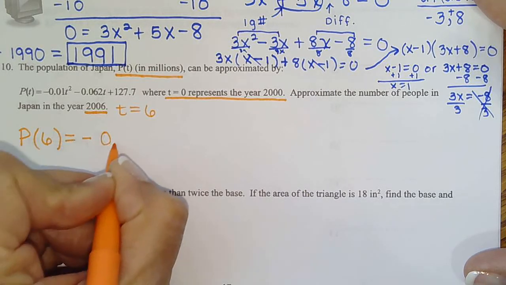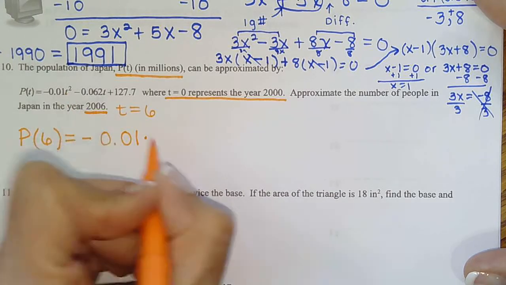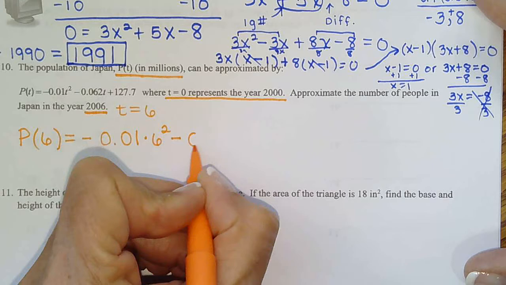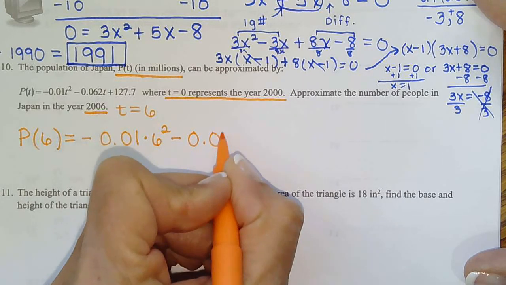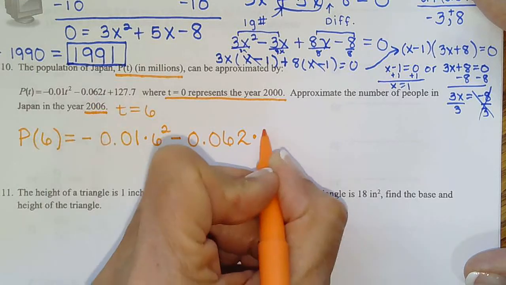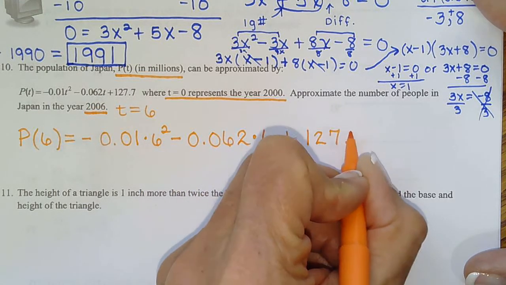negative 0.01 times 6 squared minus 0.062 times 6 plus 127.7.